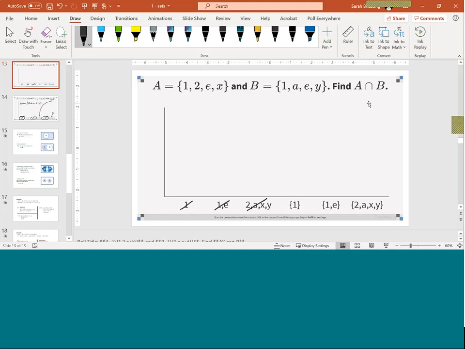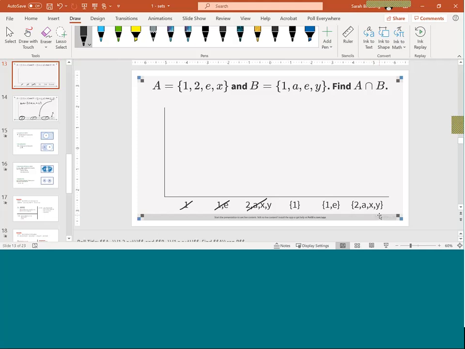Now, that gives us three possibilities for our intersection. One of them is this last one, which is 2, A, X, and Y. What do you guys think? Is that an intersection? Correct. So this last one is not an intersection. Why?